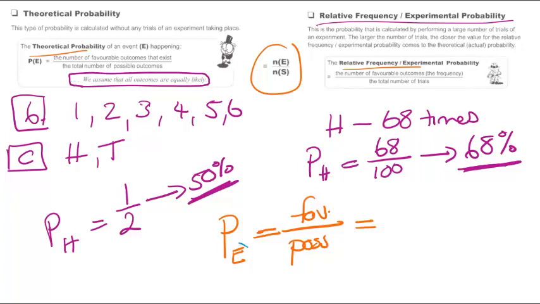It is everything that is in the options for E. So how many choices do you have in E? When it comes to the probability of heads, I have one choice. It's only heads. Then my denominator is going to be all the possible answers.